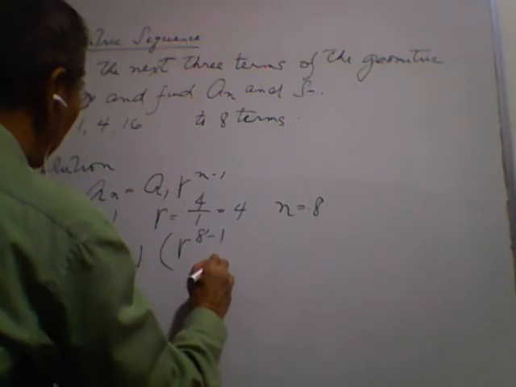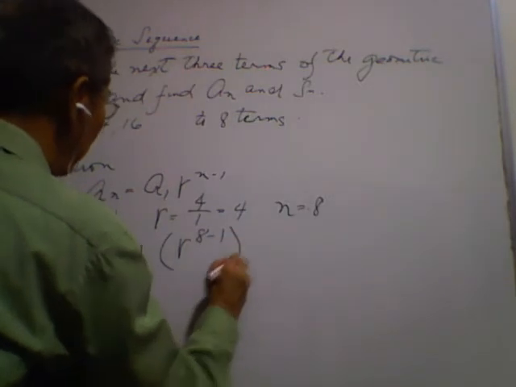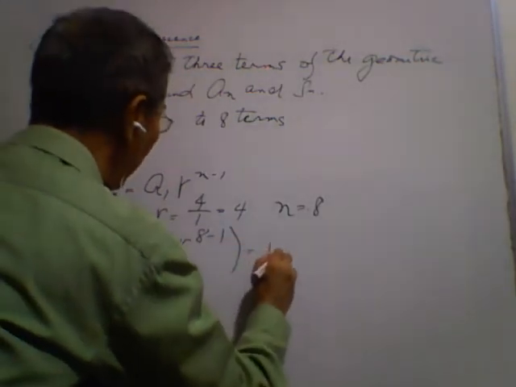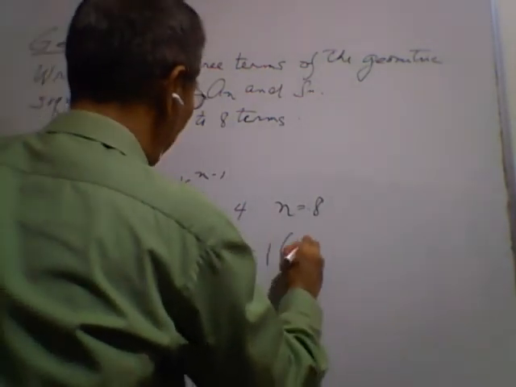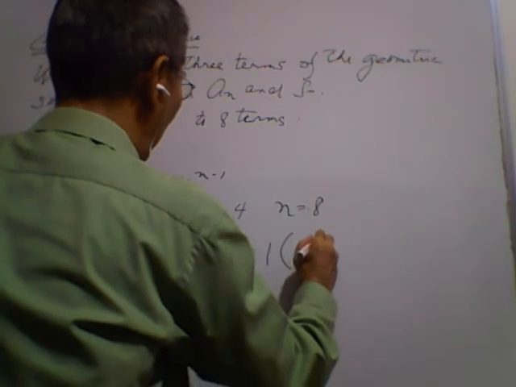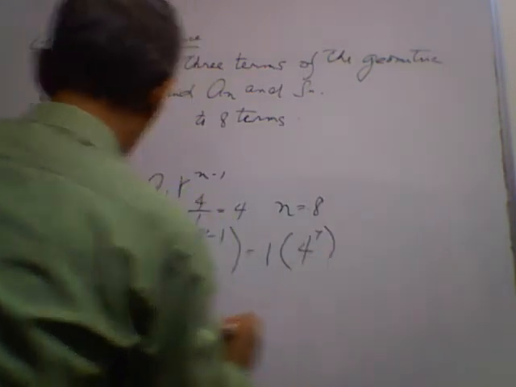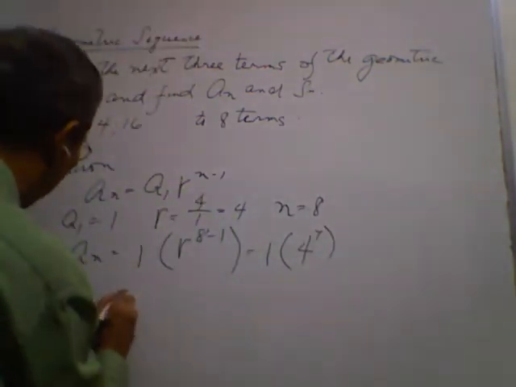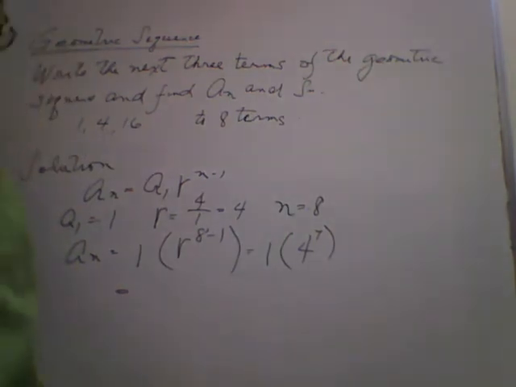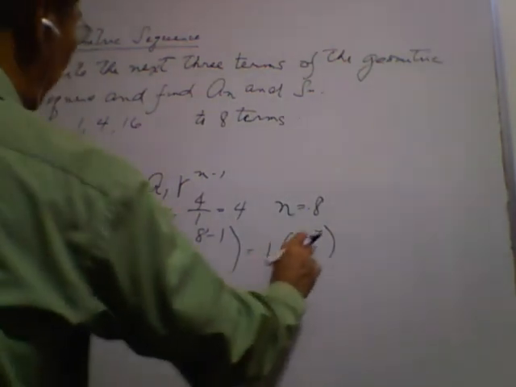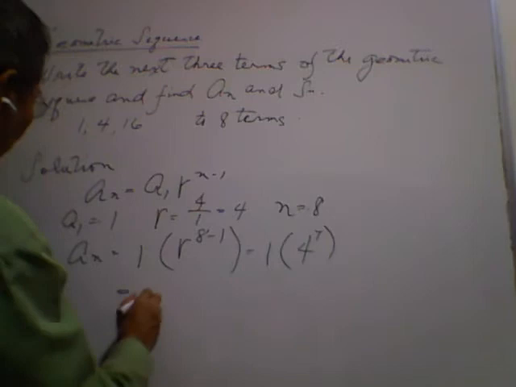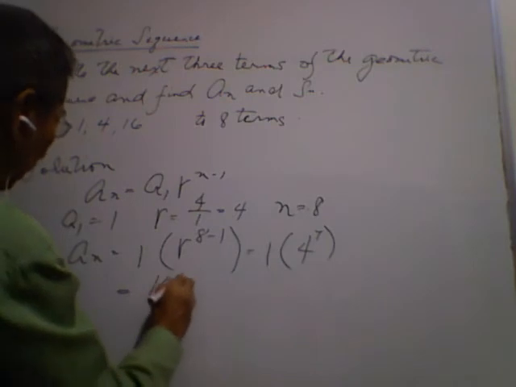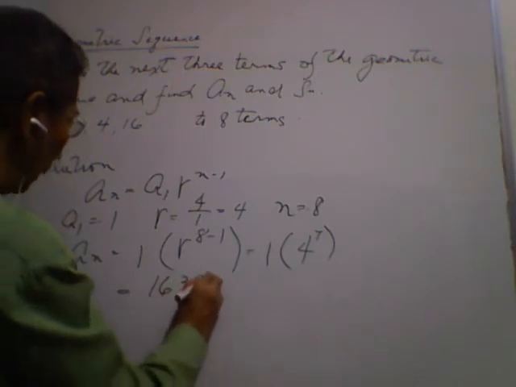So that is equal to 1 times the quantity R, which is 4, raised to 7. So using your calculator, 4 raised to 7 is equal to 16,384. Check this out in your calculator.